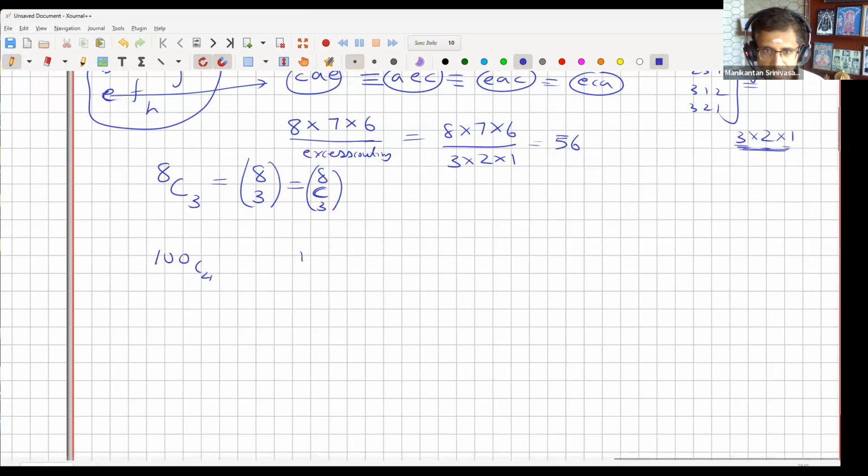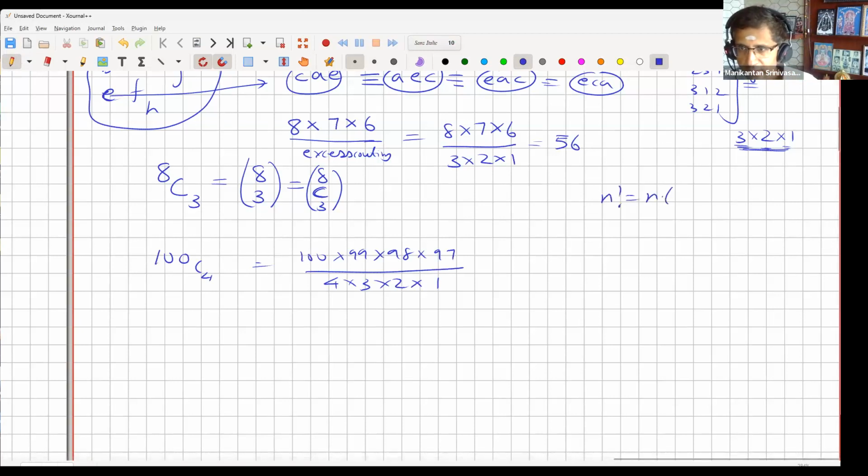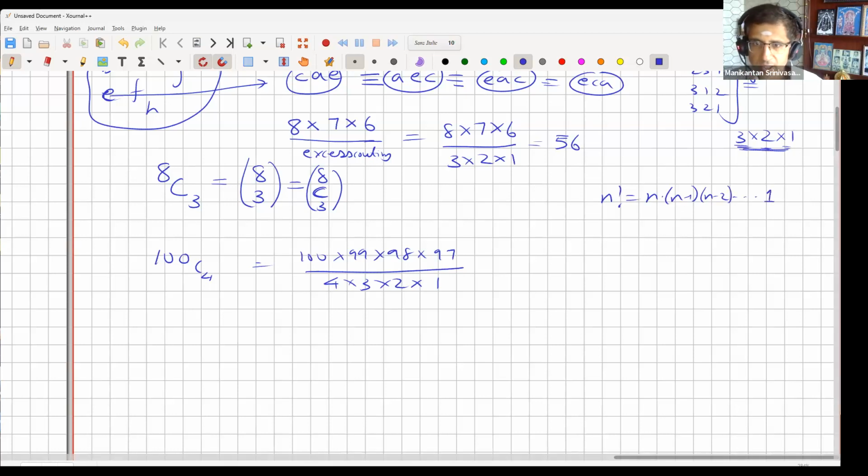So same thing, 100 into 99 into 98 into 97, upon the excess counting, which is going to be 4 into 3 into 2 into 1. But to write it in a factorial form, factorial as we all know, n factorial is nothing but n into n minus 1 into n minus 2 all the way to 1. That's n factorial. So to write it in factorial form, this is not very convenient.